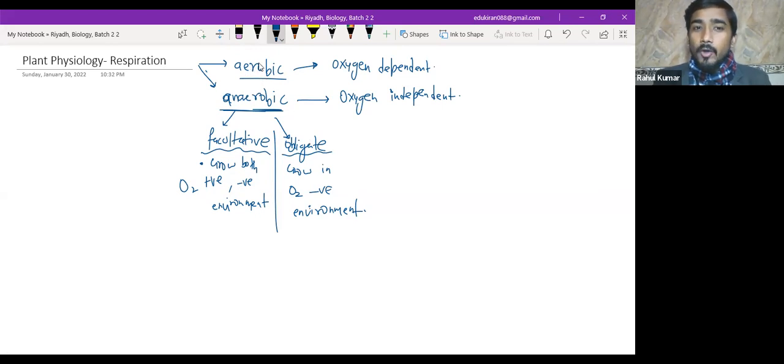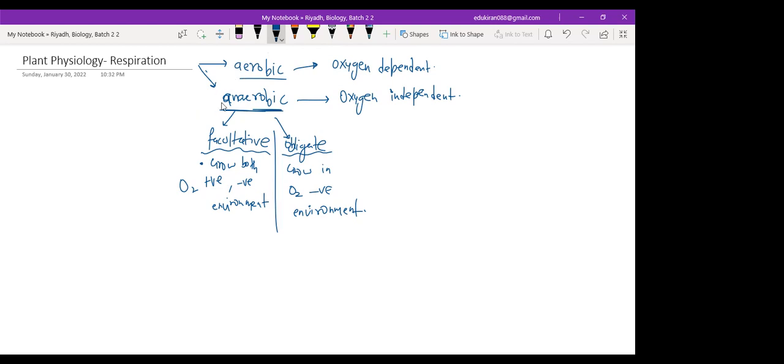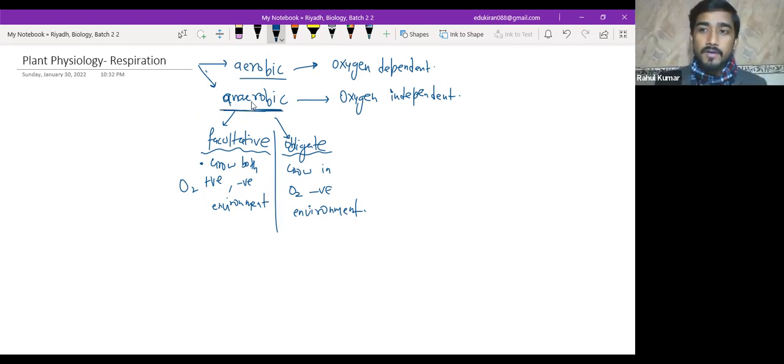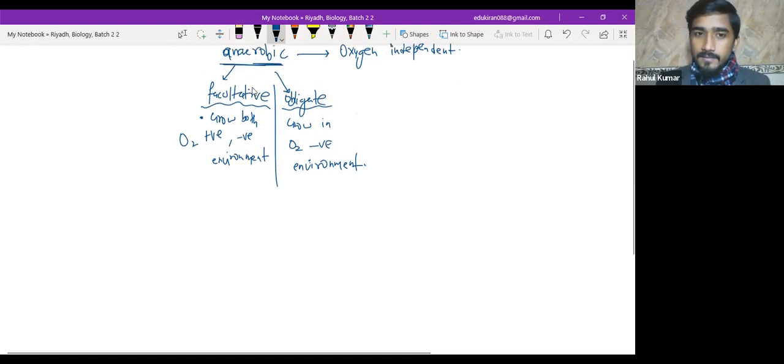But obligate aerobes can only survive in the presence of oxygen, which is us. Humans are obligate aerobic organisms. We have an obligation towards oxygen. If oxygen is not present, we will not survive; our respiration will stop. So this is the broader outlook of aerobic and anaerobic respiration.